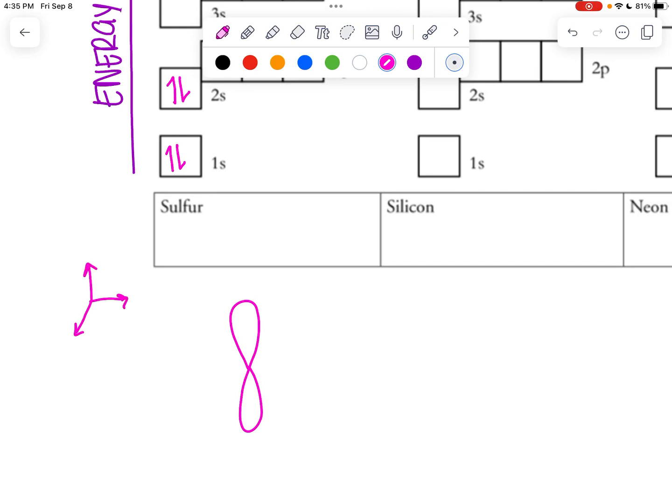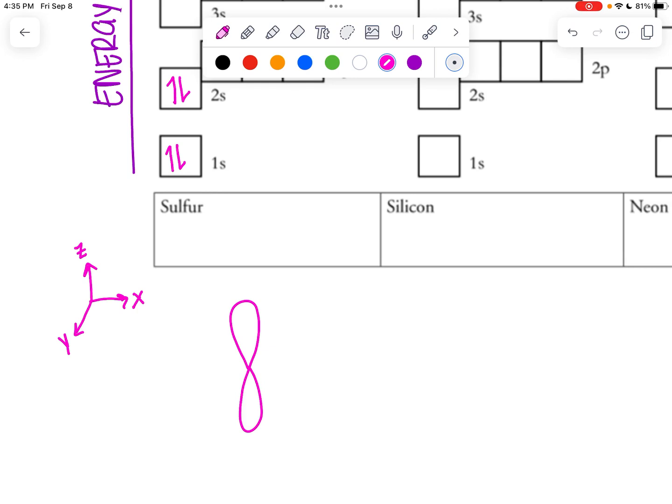Let's say that I'm oriented in 3D space. This is going to be my x-axis. The one that's coming out towards me is going to be the y-axis. The one that's going up is going to be the z-axis. It doesn't actually matter as long as you're oriented correctly, but this is how I'm going to draw this one.